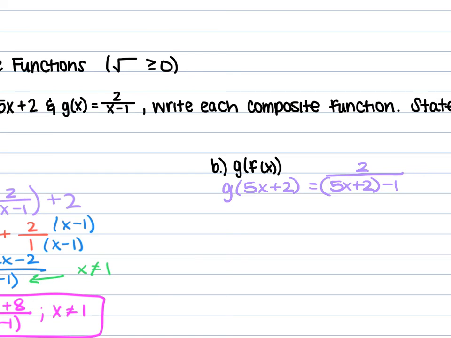So 5x plus 2 minus 1, we are going to have 5x plus 1. So g of f of x is equal to 2 over 5x plus 1. Now take that 5x plus 1, set it not equal to 0, and we get that x cannot equal negative 1/5 as well.